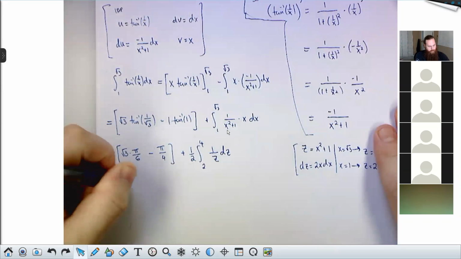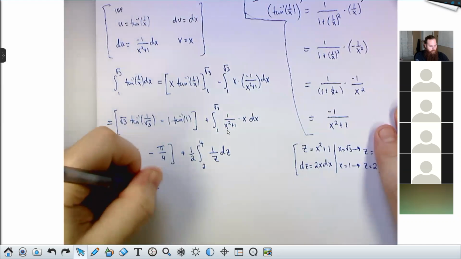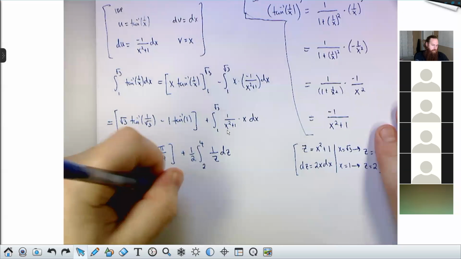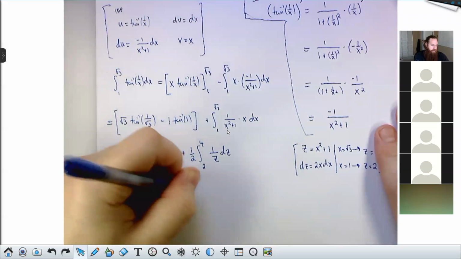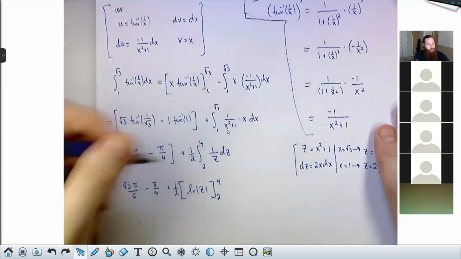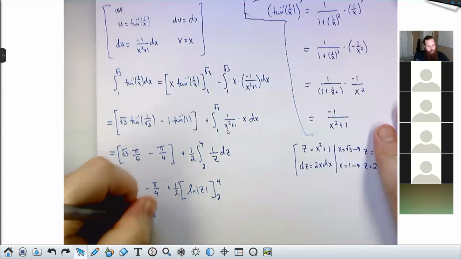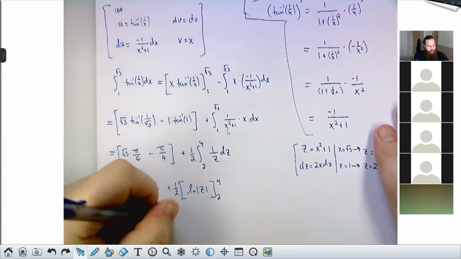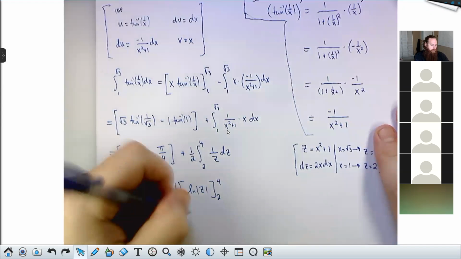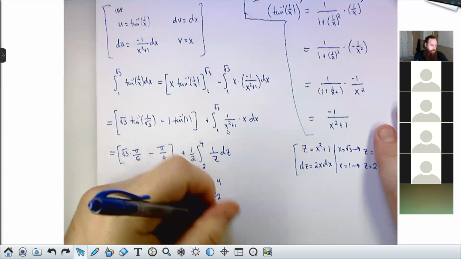So I get √3 π/6 minus π/4 plus 1/2 times the natural log of the absolute value of z evaluated between 2 and 4, which is root 3 pi over 6 minus pi over 4 plus 1/2 times the natural log of 4 minus the natural log of 2.